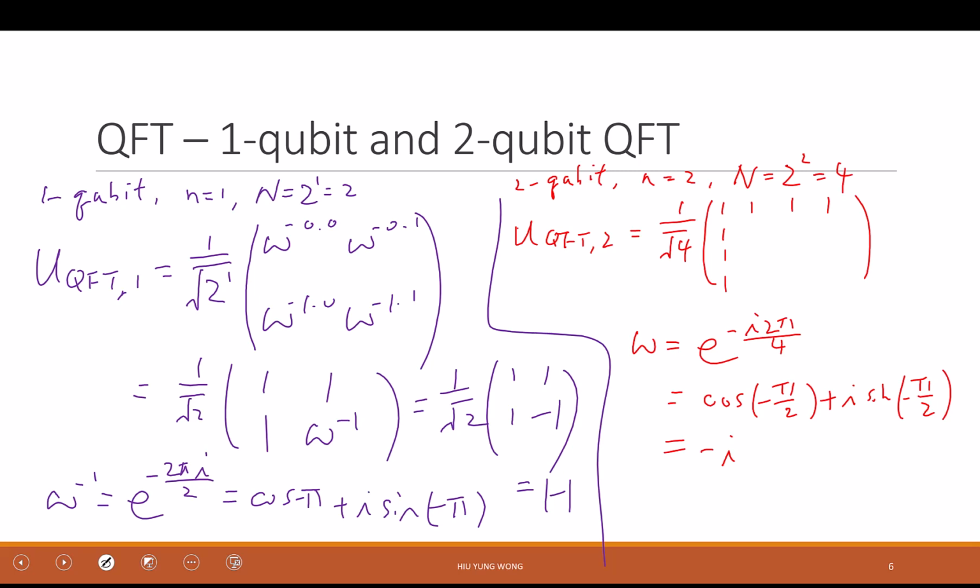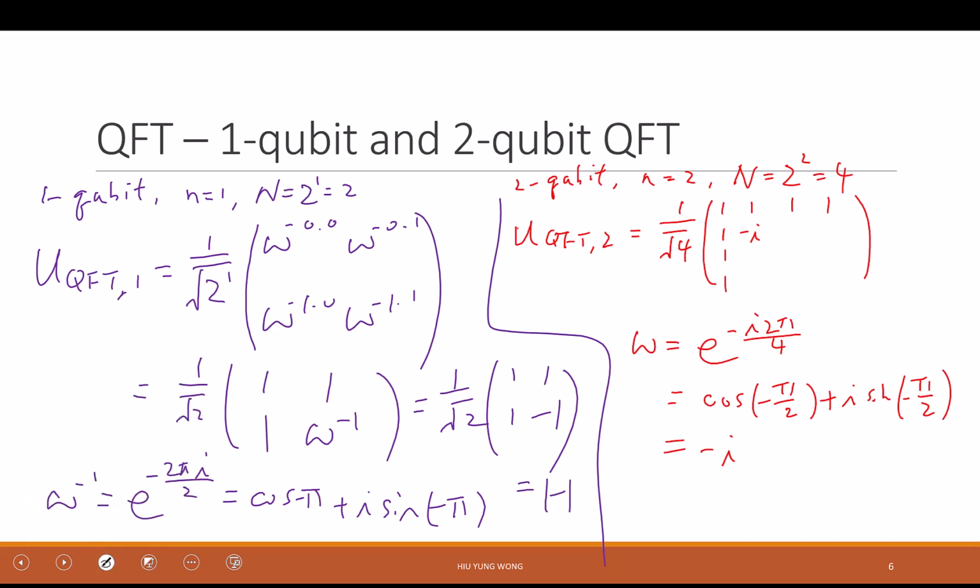So if I go from here to here, it's multiplied by one more omega, right? Because this is the first row. It is 1 times 0, 1 times 1, 1 times 2, 1 times 3. So I go to the right, I multiply by another omega, which is negative i. Omega is negative i. Now I need to multiply this by negative i.